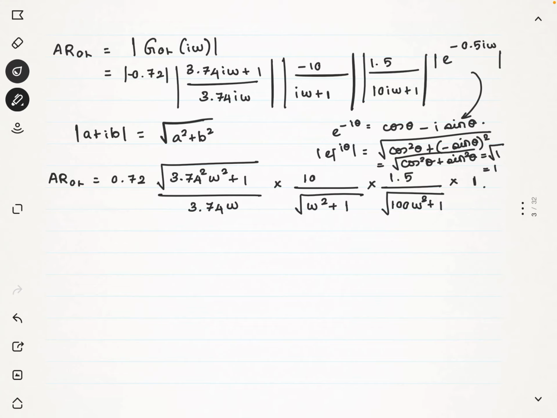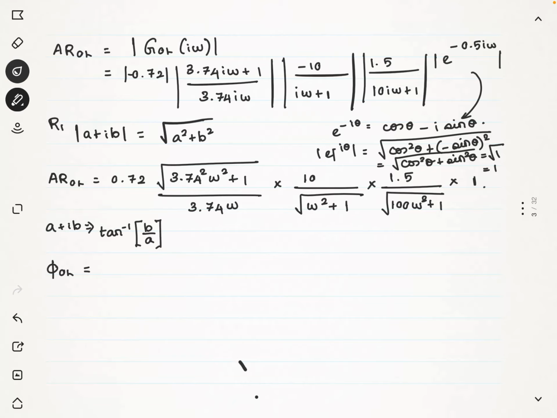And then now we'll compute the phase angle of the open loop transfer function, which is represented by phi of open loop. So again, from complex number theory, if you have a complex number a plus ib, the angle subtended at the origin will be tan inverse of the imaginary part by the real part.